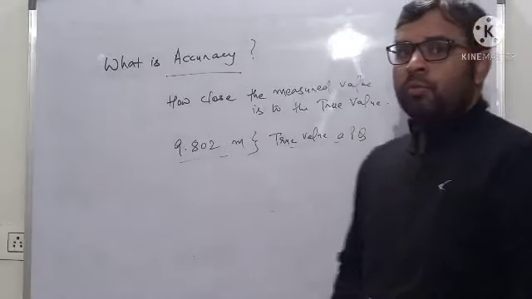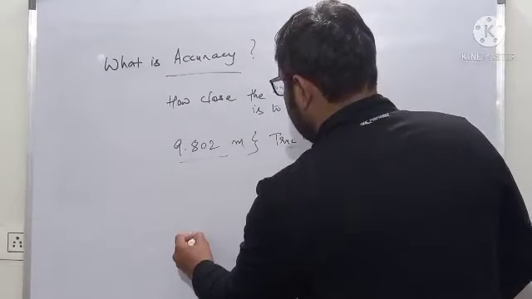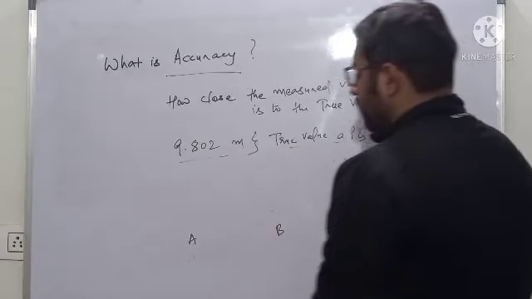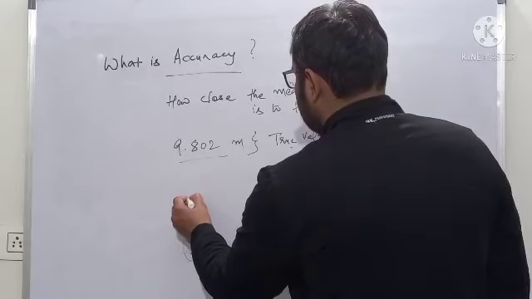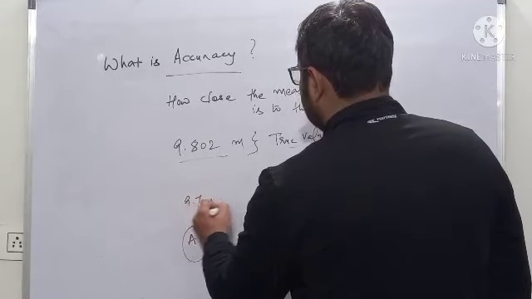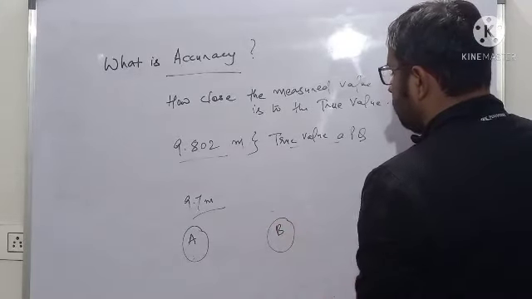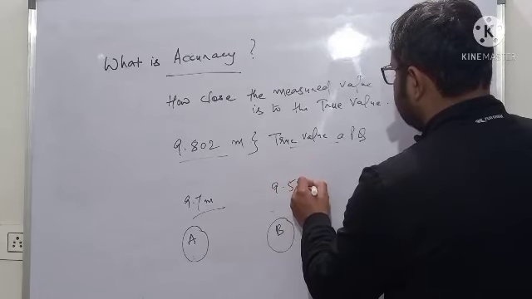Now we have two instruments, one instrument A, another instrument B. So when we measured the length from this instrument, we got 9.7 meter, right? And when we did the measurement from this instrument, we got the value of 9.54 meter.